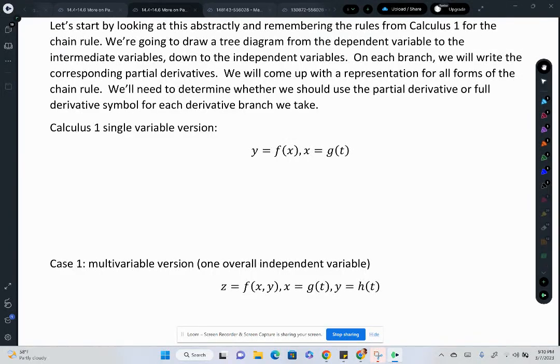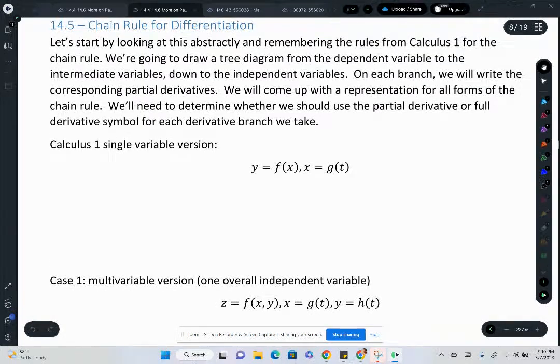Okay. So first I want to start with how this works when we are working with a single variable version. When we had situations where y is equal to f of x and x was equal to g of t, and we may have seen it written more as y equals f of g of t.